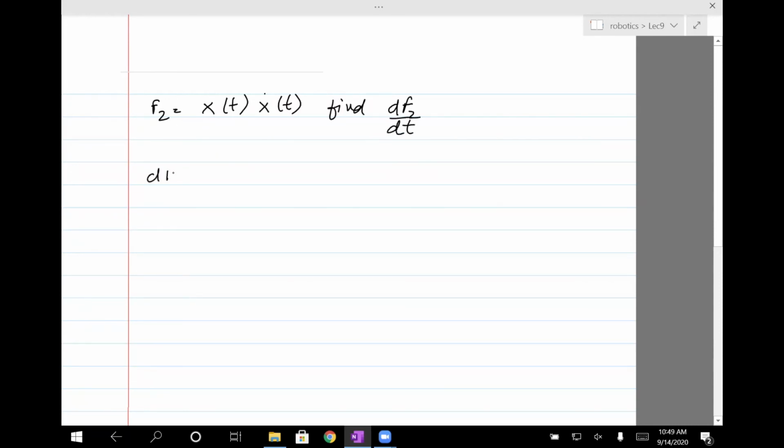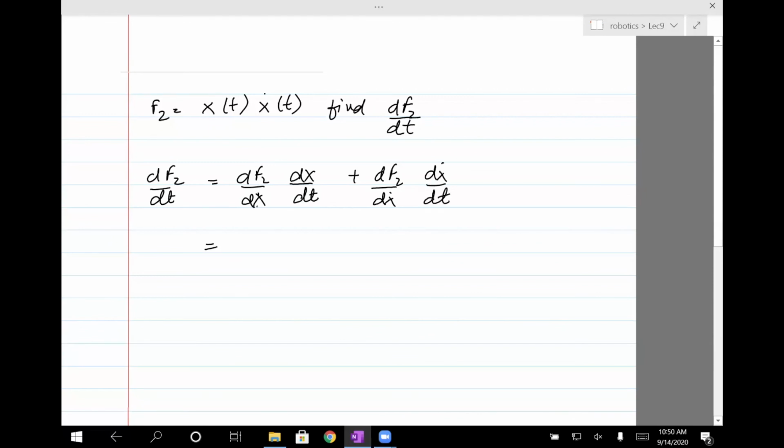Okay, so let me write the formula. df2/dt equals df2/dx times dx/dt plus df2/dx dot times dx dot/dt.